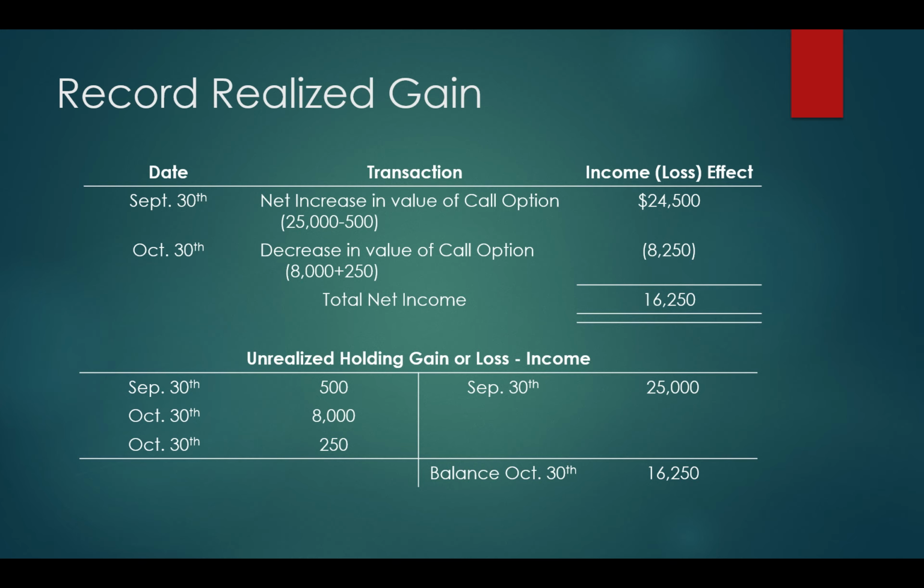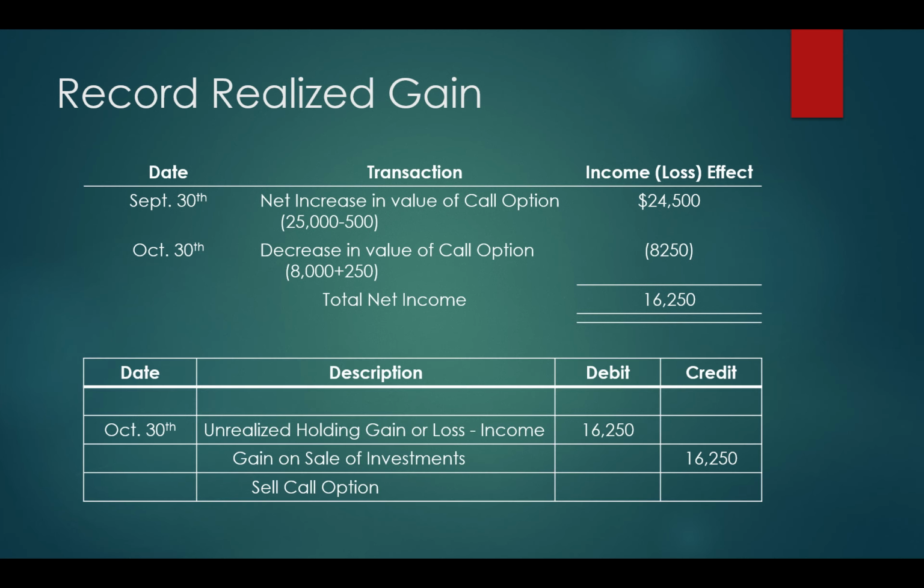To record our realized gain, we can look at each of the transactions to see their effects. On September 30th, we increased the value by $24,500, and on October 30th, we reduced the value by $8,250. Thus, our total net income is $16,250. A T account for the unrealized holding gain or loss income account will show the same result.